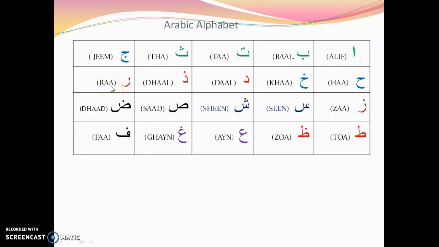Ra, Za, Sin, Shin. Basically, these two letters are similar in sound, but this one is quite a bigger sound than this one.